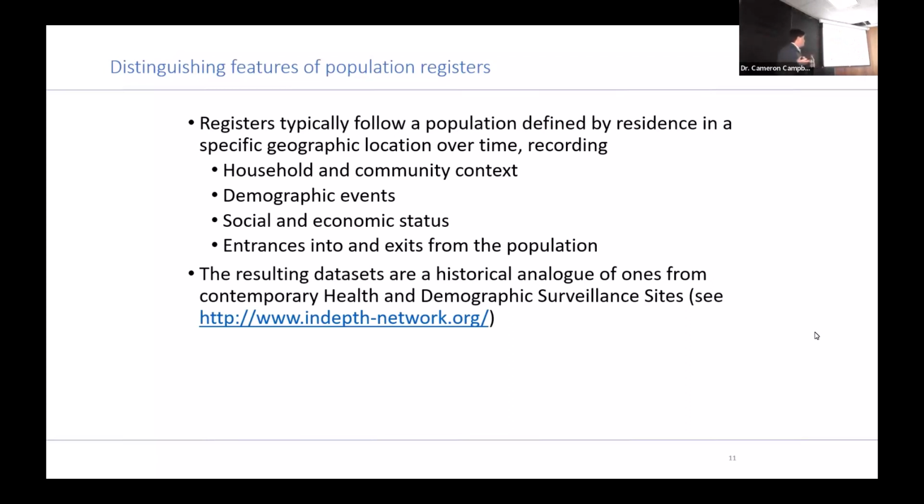So you get household and community context, recording of demographic events, social and economic status, and then importantly, entrances and exits into the population. At any particular point in time, because of the registration system, you have a pretty good idea of who the numerator is, like who's actually at risk of experiencing an event.